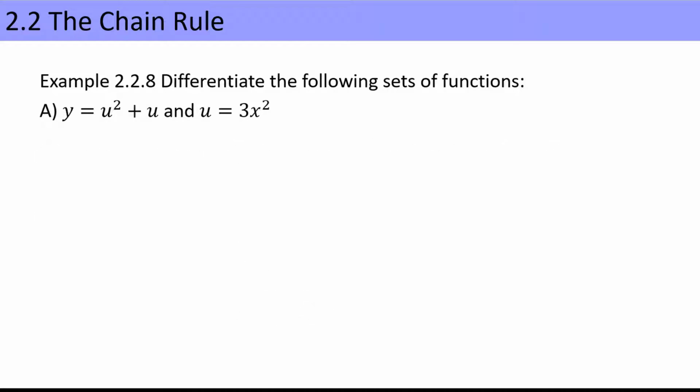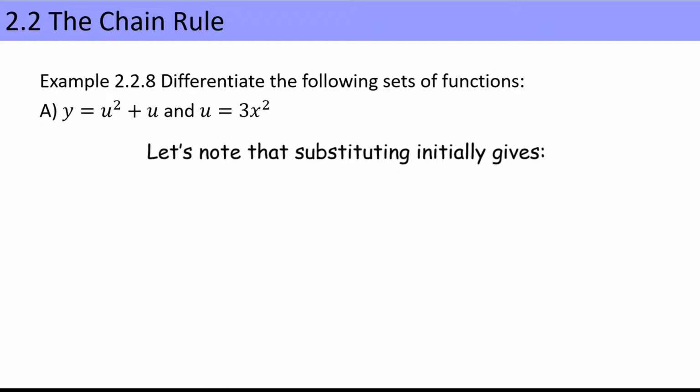For this problem, let's note that substituting first gives, so for y equals where u squared was, we put in 3x squared, squared plus u, we put in 3x squared. That's equal to 3x squared squared is 9x to the fourth. We still have plus 3x squared.